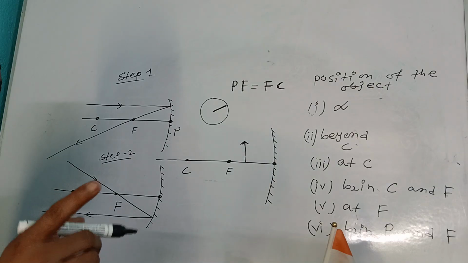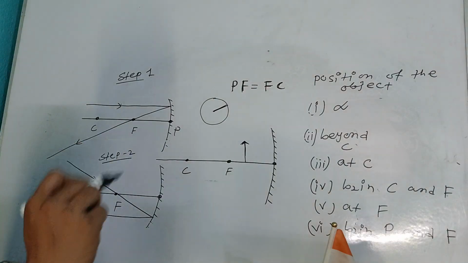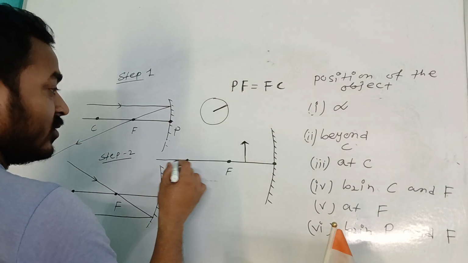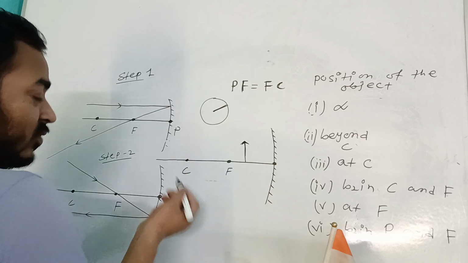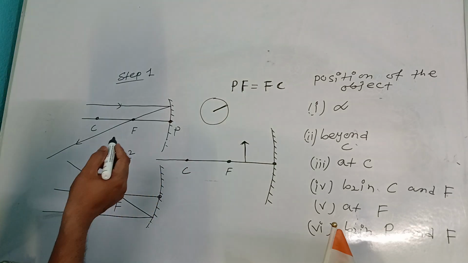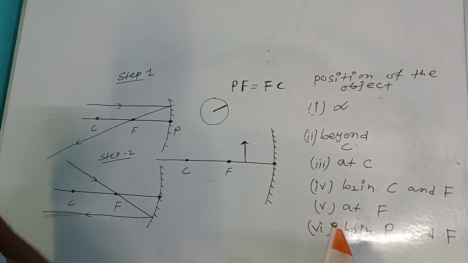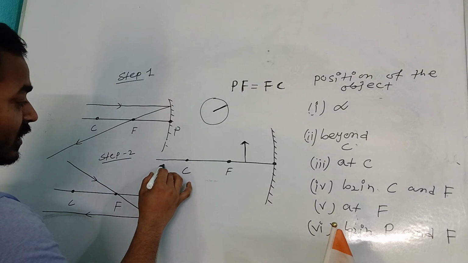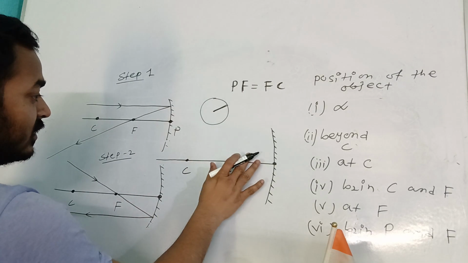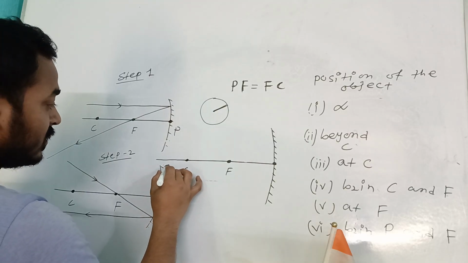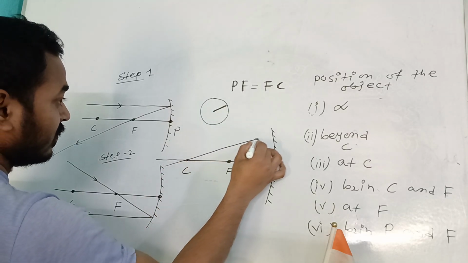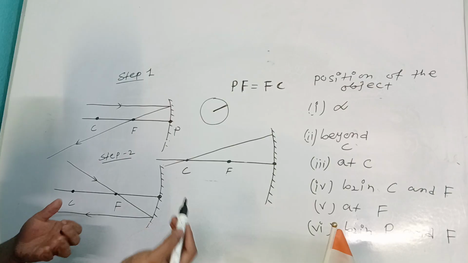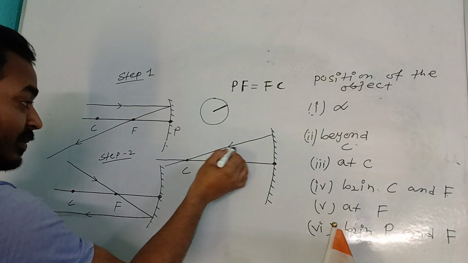So whenever the ray is passing through the center of curvature, for example, I am taking one ray passing through the center of curvature, it will reflect back along the same path.